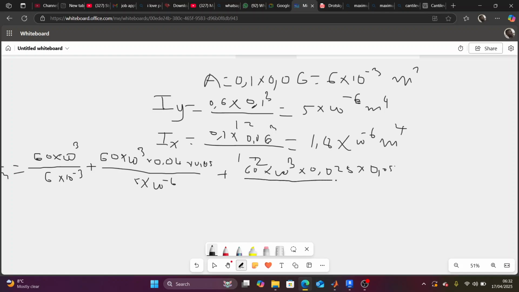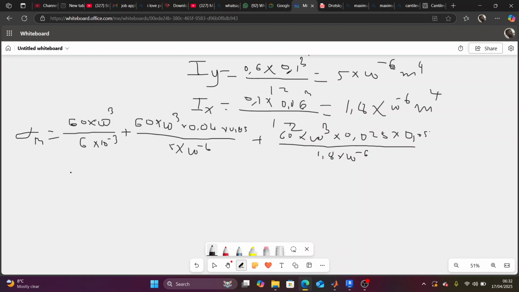Everything divided by IX. What is IX? 1.8 times 10 to the minus 6. So if you calculate this properly, your stress at R, you need to get the answer of 59 megapascal.